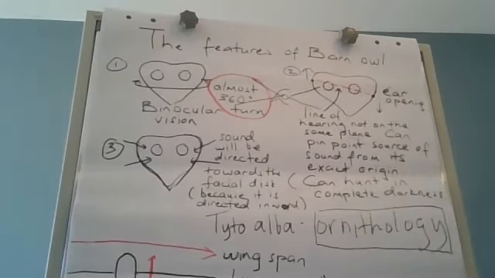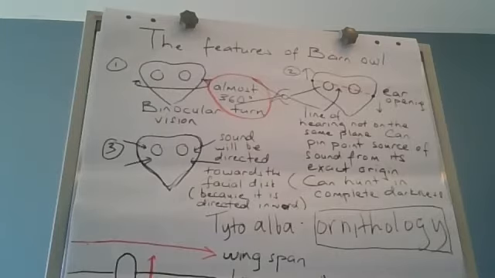Okay, in our case, because our ears are actually positioned at the same plane, we can hear sound clearly, but we do not have the ability to actually detect where the sound comes from. So with this capability, the owl, in fact, can hunt in complete darkness just by relying on the origin of the sound, the ruffling of the grass, for instance.